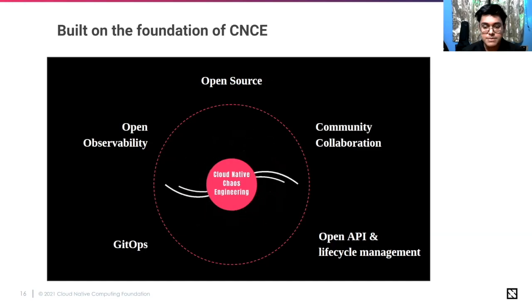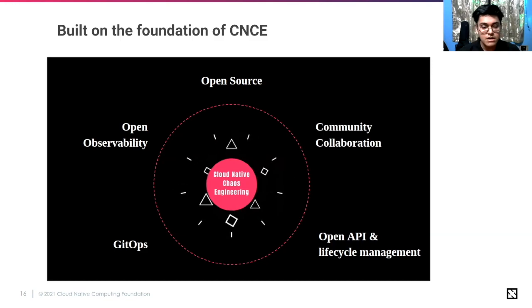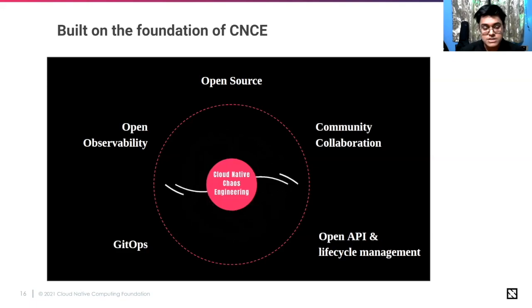And also open API and lifecycle management, which is basically any APIs or any lifecycle management technique that you're using. It should be open, free for everyone to use. Like any other project, if they want, they can take out your APIs, if any other APIs that are important to you can fit in your particular use case. So it should be flexible, and that is what it means.